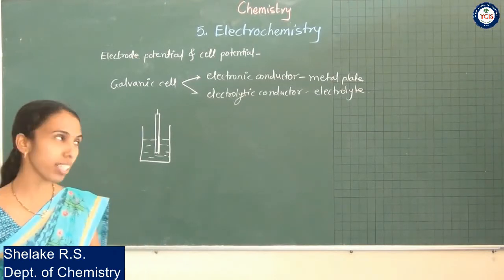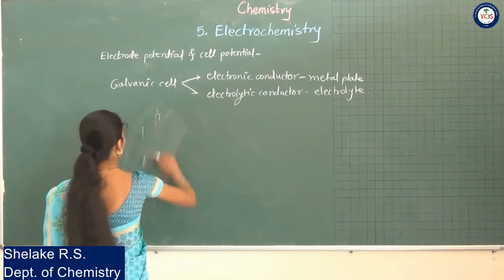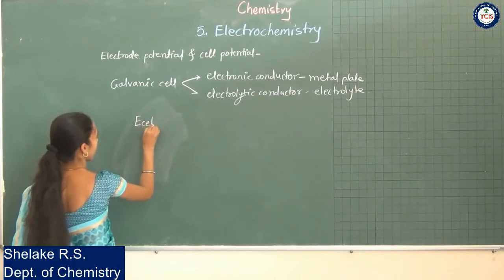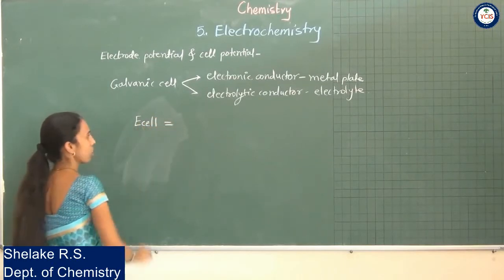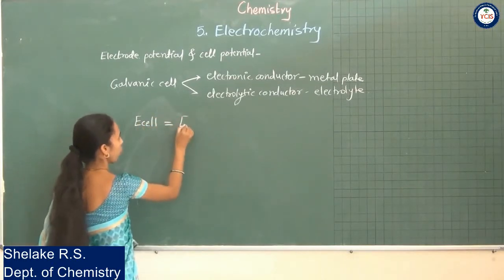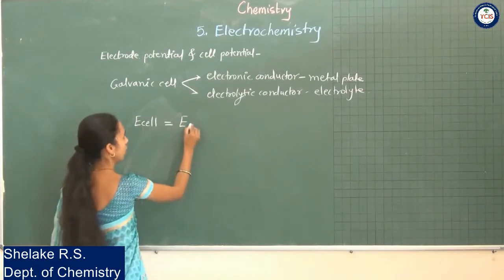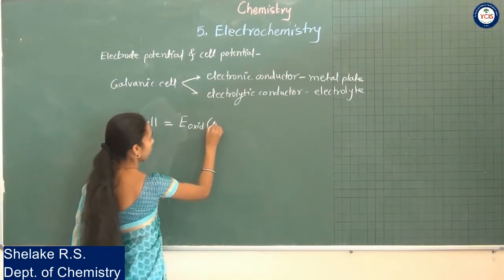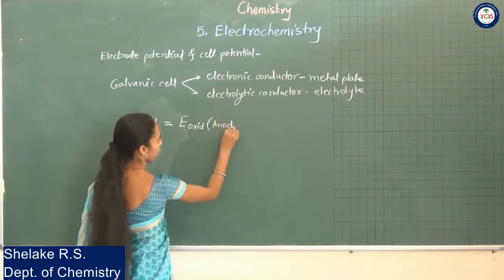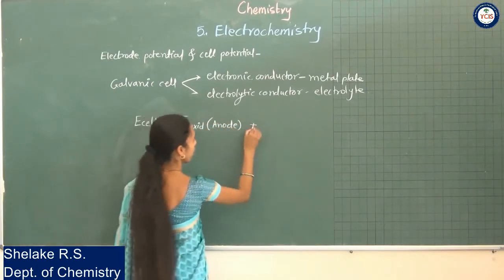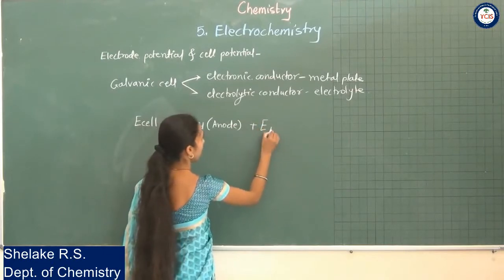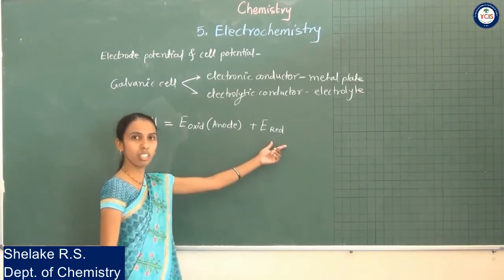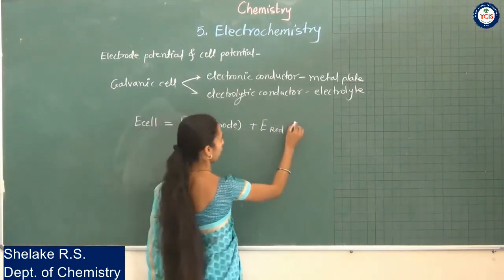Okay, so you can say that the electrode potential, or the cell potential, is nothing but the algebraic sum of the electrode potential due to the oxidation reaction, which happens at the anode, so I will write here anode, plus the electrode potential established at the cathode due to the reduction half reaction.